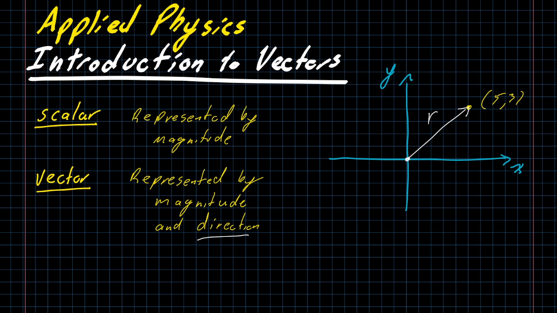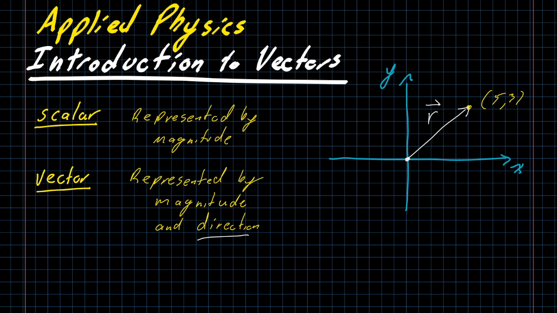We'll go ahead and call that arrow R, and I'll put an arrowhead above the symbol R to emphasize that this is a vector symbol. We can represent this vector R by using angle brackets and listing the x component, which is 5, and the y component, which is 3.